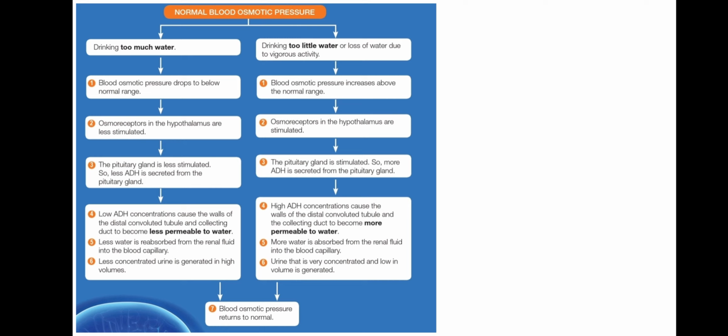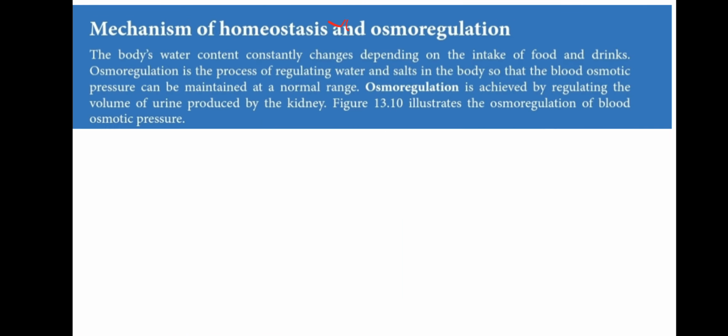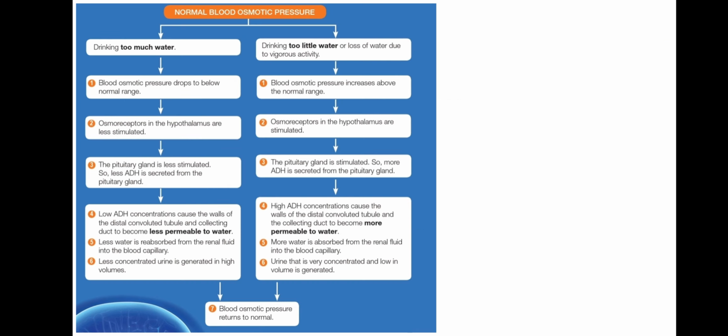First, you see here your blood osmotic pressure, the normal one, in orange color. But if you lose too much water, for example through exercise, then your blood osmotic pressure increases. Osmotic pressure means water pressure, that is, not enough water.